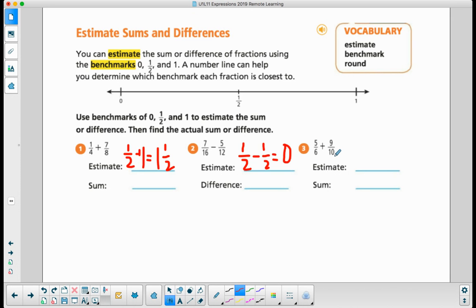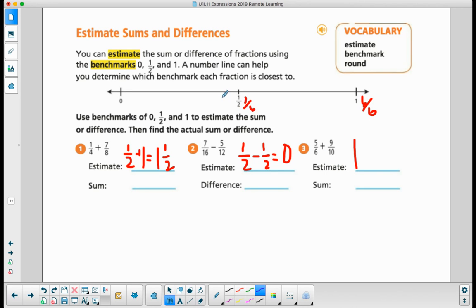Five sixths plus 9 tenths. Half in sixths is 3/6. A whole in sixths is 6/6. 5/6 is 1/6 away from 6/6, so it's close to a whole. 9 tenths.